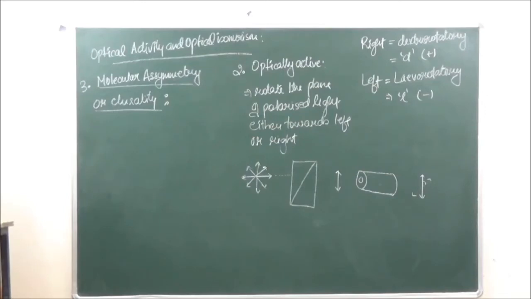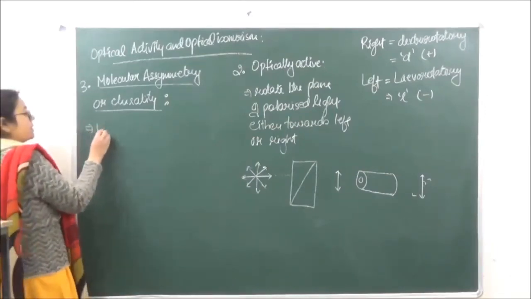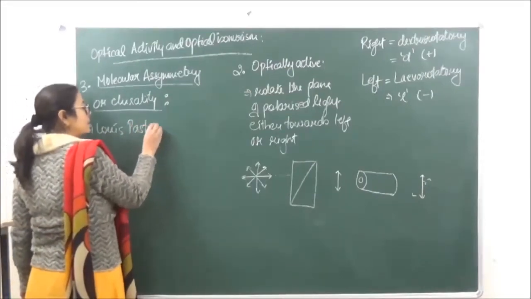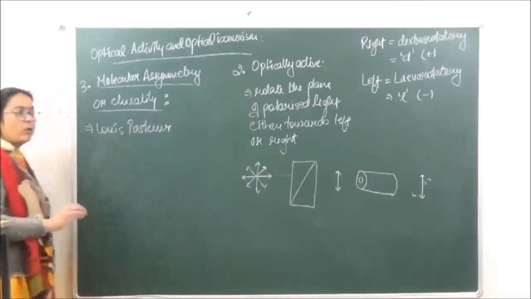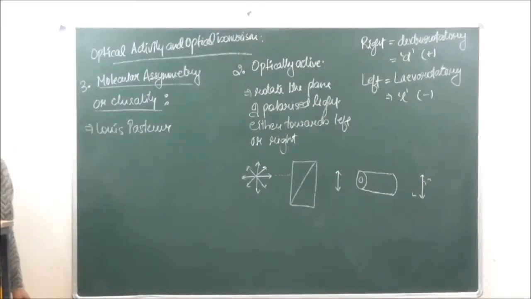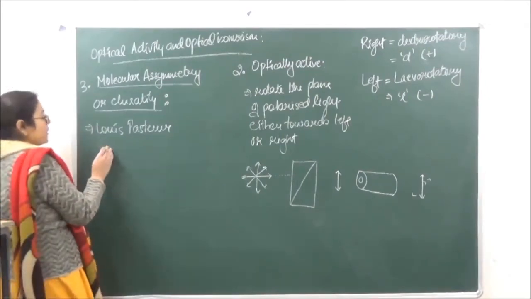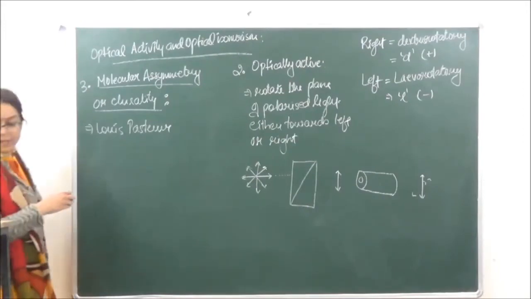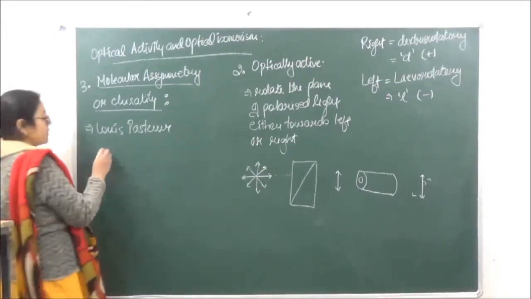It was observed by a scientist, Louis Pasteur. He observed that crystals of certain substances exist in two forms. For example, he had taken a crystal of sodium ammonium tartrate.